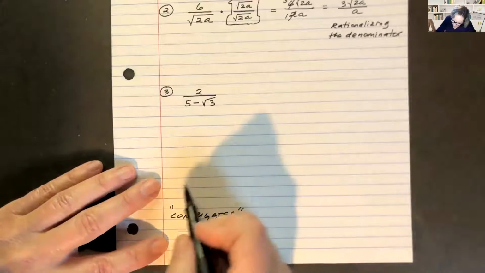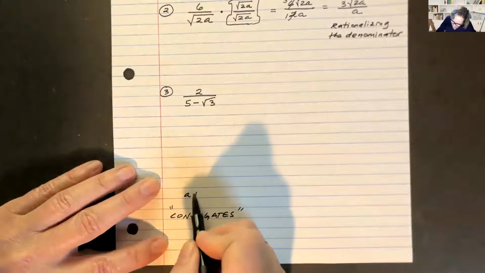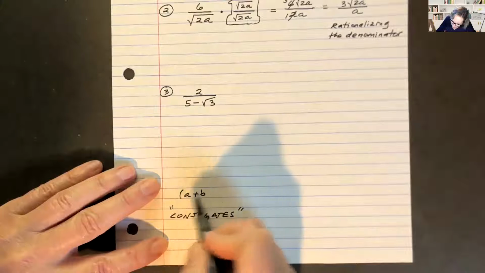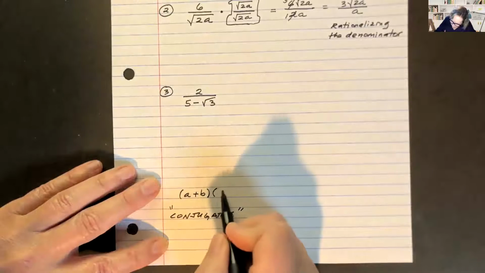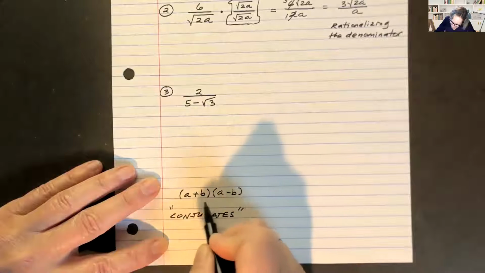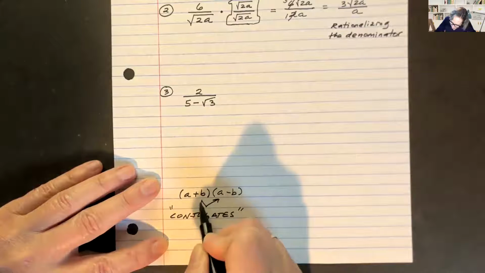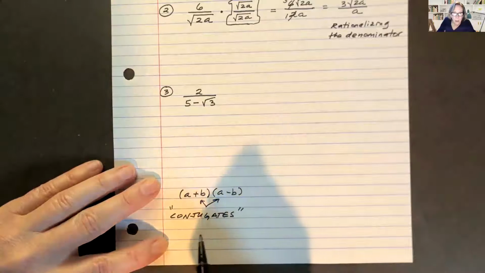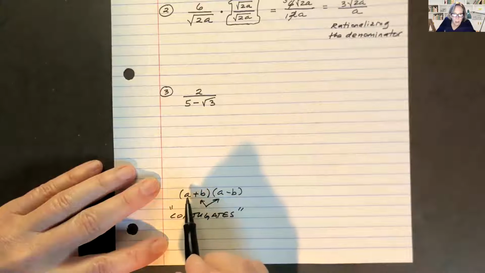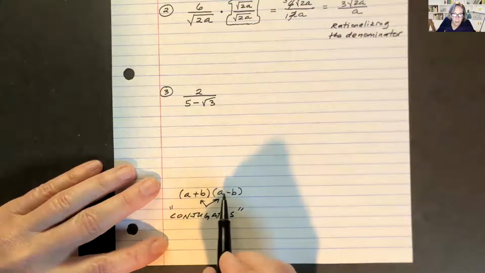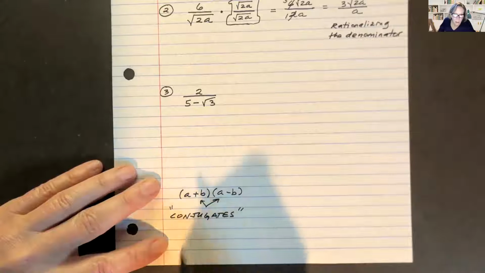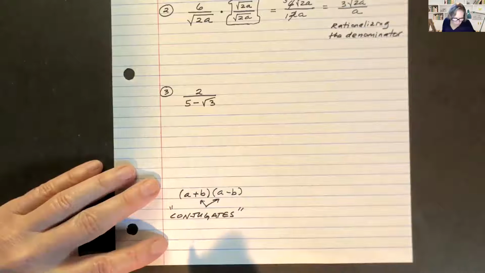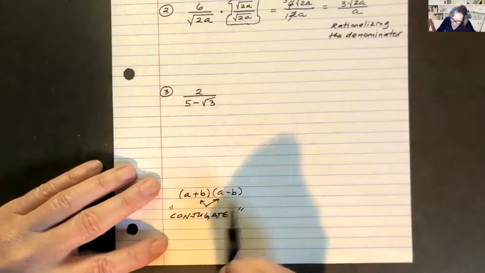Conjugates are opposites added and subtracted in the same direction. So a plus b, a minus b. These are like a married couple, where they are conjugates of each other. A plus b is the conjugate of a minus b. A minus b is the conjugate of a plus b. Think of them as partners with opposite signs.